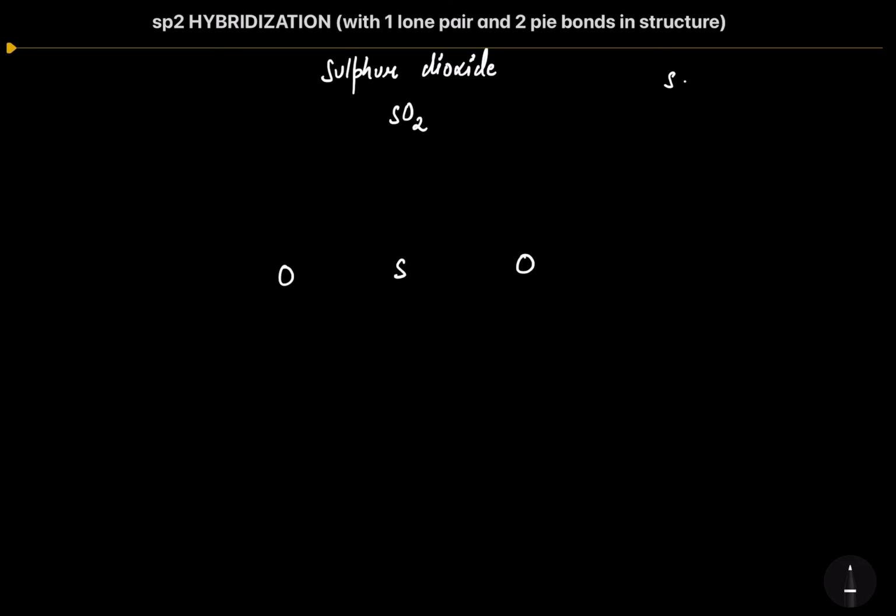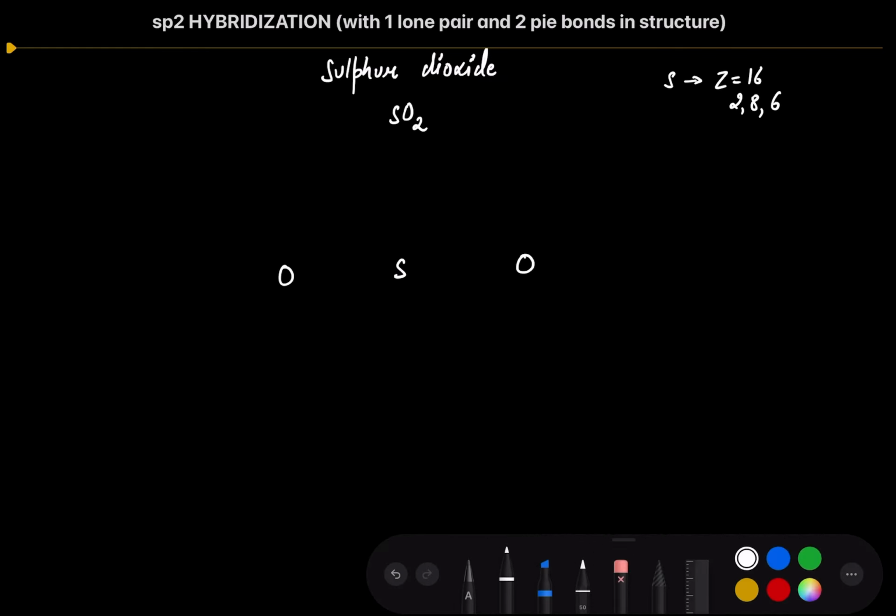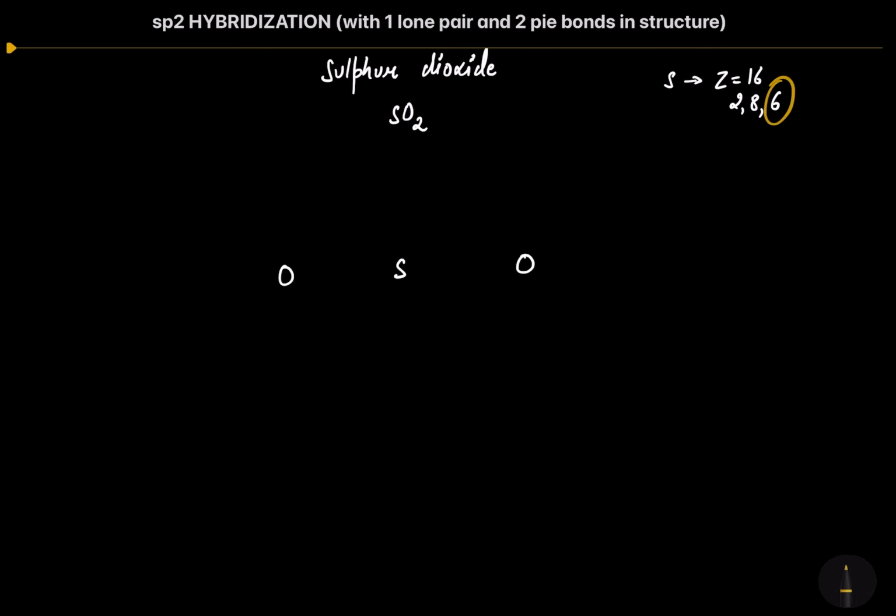What's the atomic number of sulfur? It's 16, so the configuration will be 2, 8, 6. That means sulfur has 6 electrons in its outermost shell. So we are drawing the 6 electrons: first, second, third, fourth, fifth and sixth.